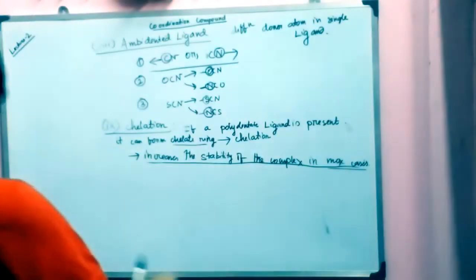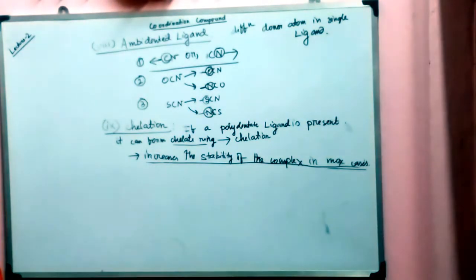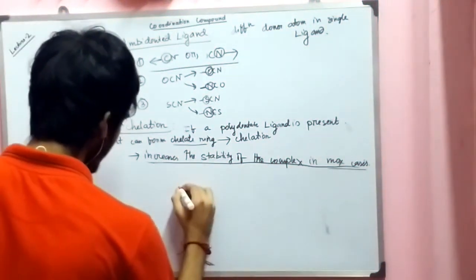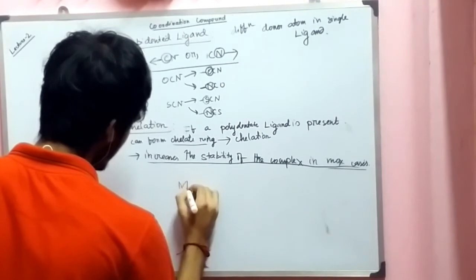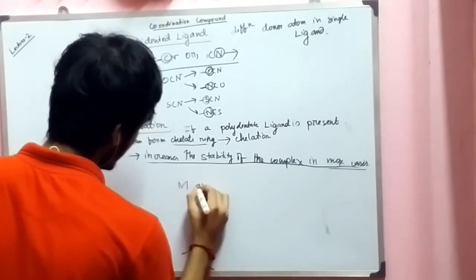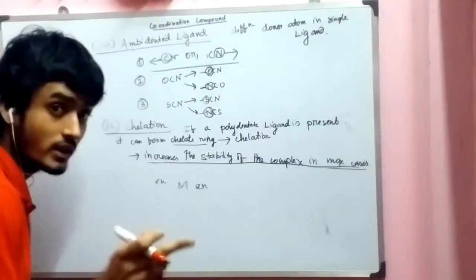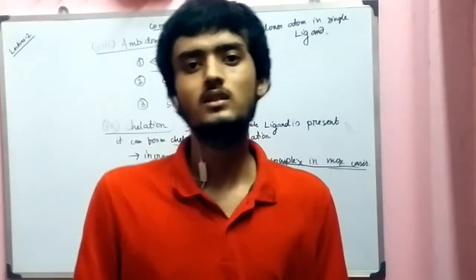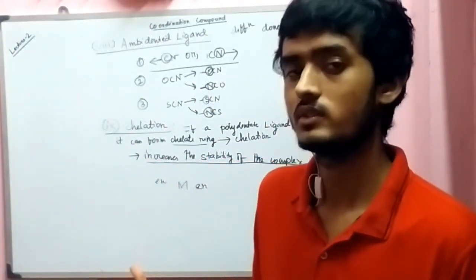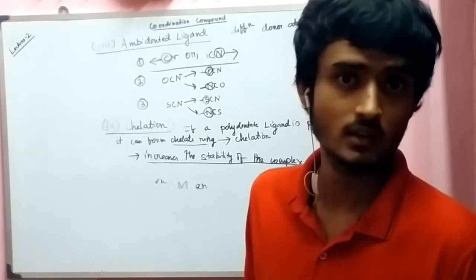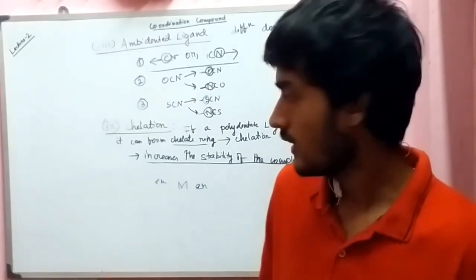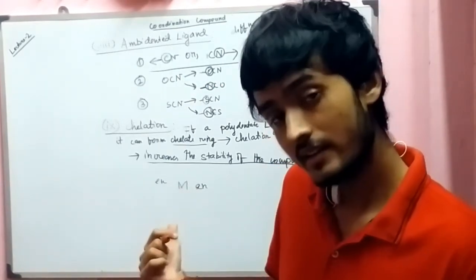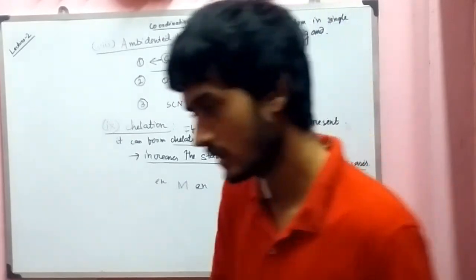Okay, so let me take an example. Let's say here is a metal, and this is En. What is En? Yes, this is ethylene diamine, and it is a symmetrical ligand, and it is a bidentate ligand. Remember, okay?